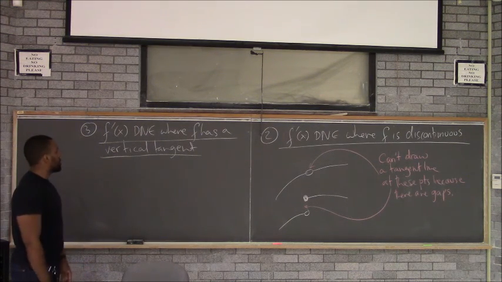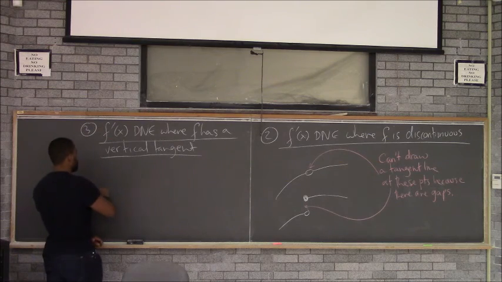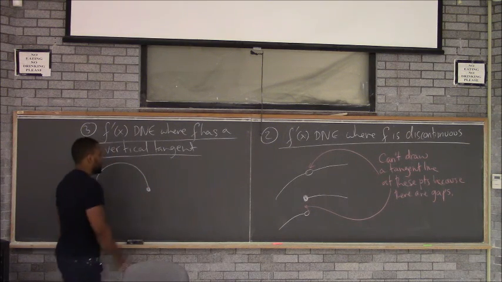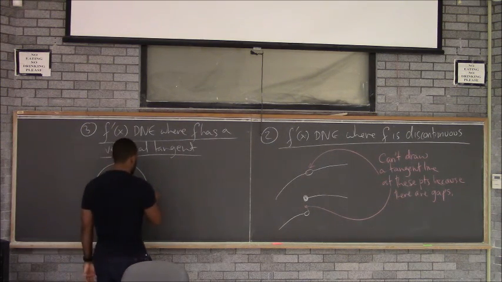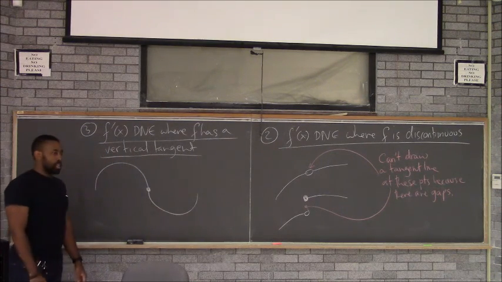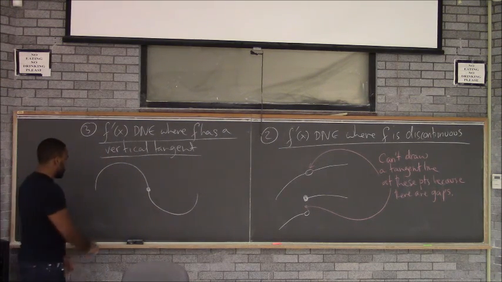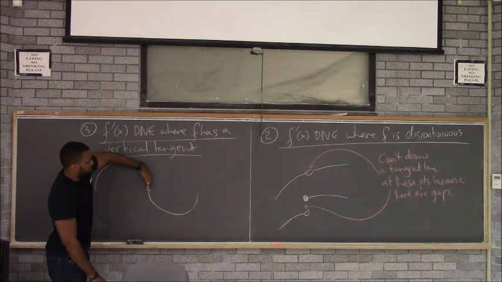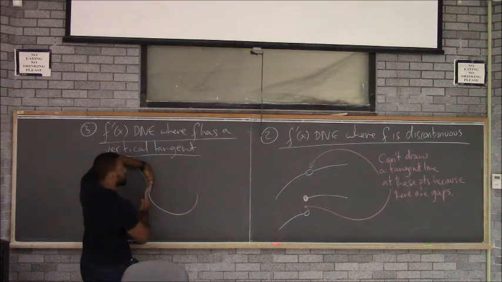I can just create a function by, say, stitching two semicircles together, like one semicircle that does that, then take the bottom half of another semicircle. And I can create a function like that. What you'll notice here is that the slope of the curve is approaching a vertical line. It's also approaching a vertical line from here.